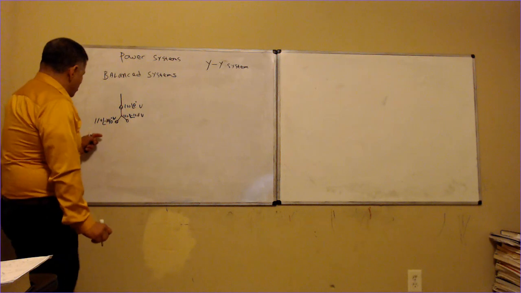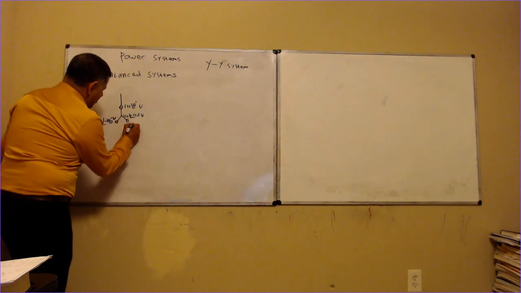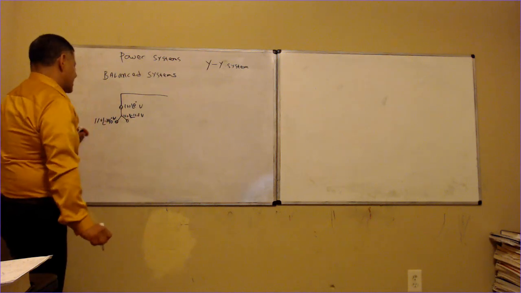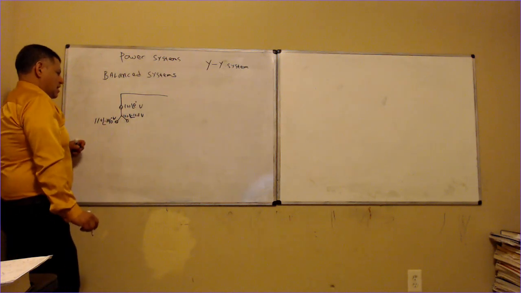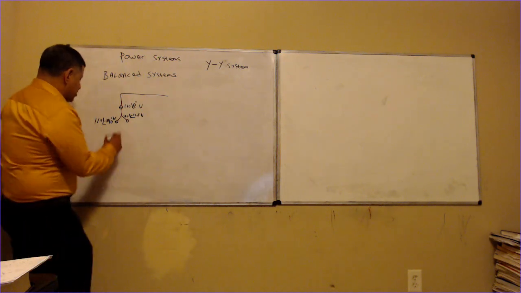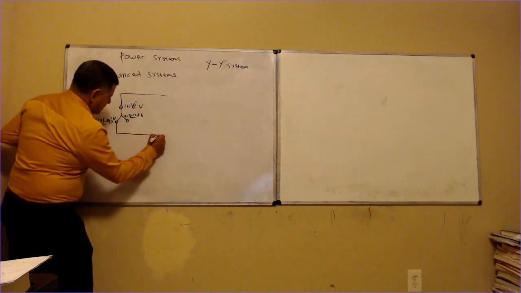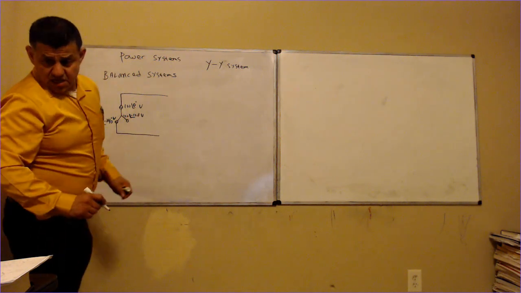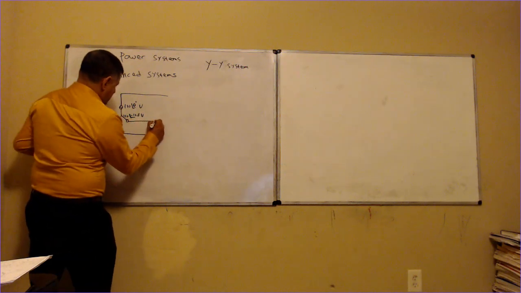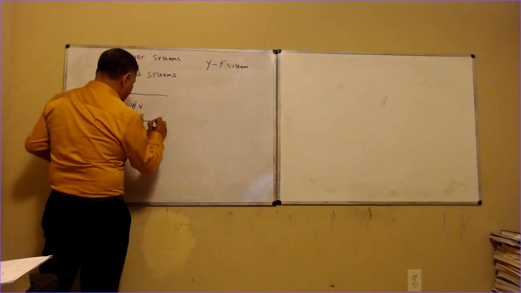With that being said, we drag, so this goes like that, and then we drop this one down a little bit, and then it goes like this, and then the other one goes like that. Over here we have an impedance.